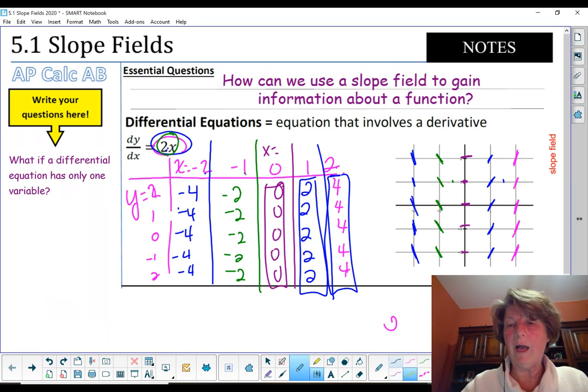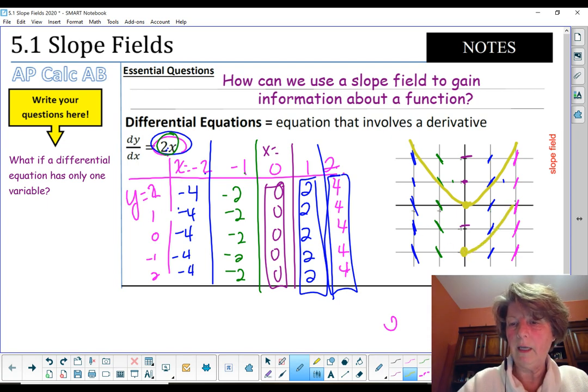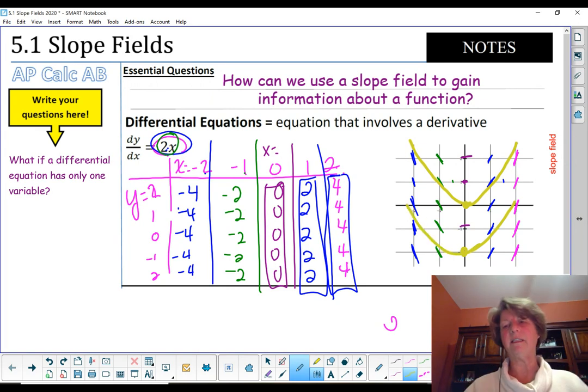Well, if I want to go through the point (0, 0), I can use these slope fields to help direct the curve. Maybe I was having an initial point of (0, -2), and I would get that type of shape.